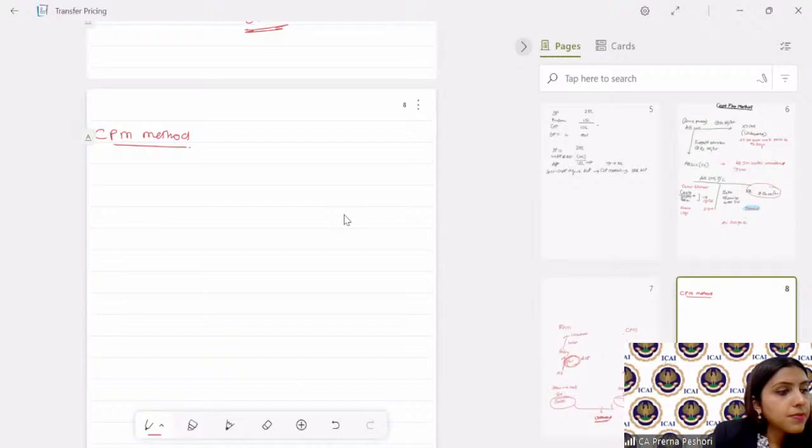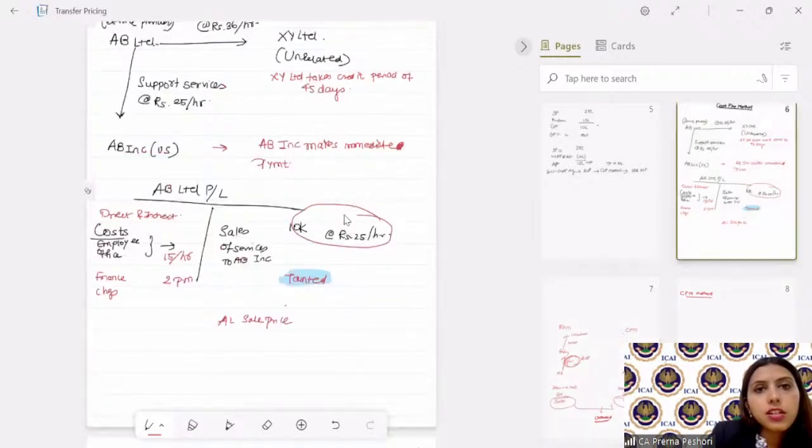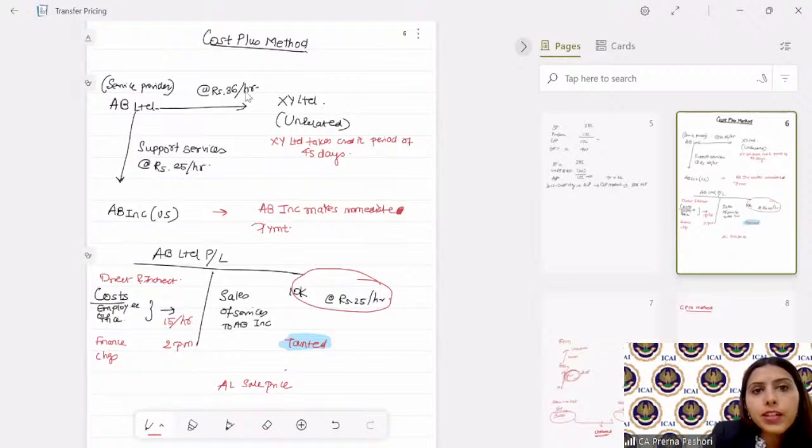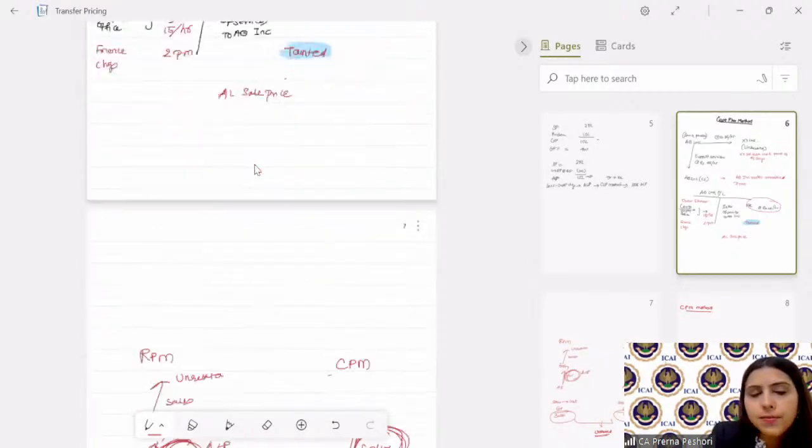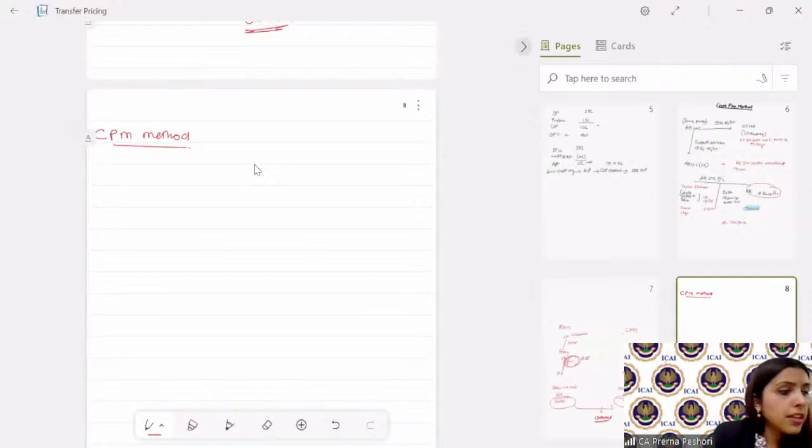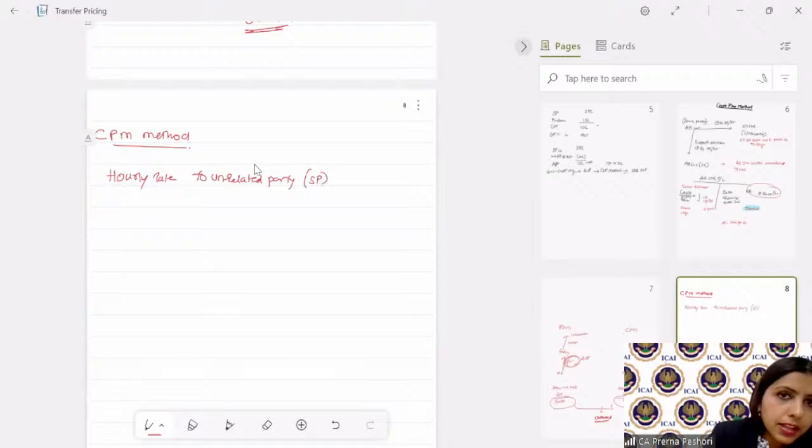Now if I say here the services are provided to XY Limited at rupees 36 per hour, so my hourly rate to the unrelated party, which is my sale price, is 36 per hour.